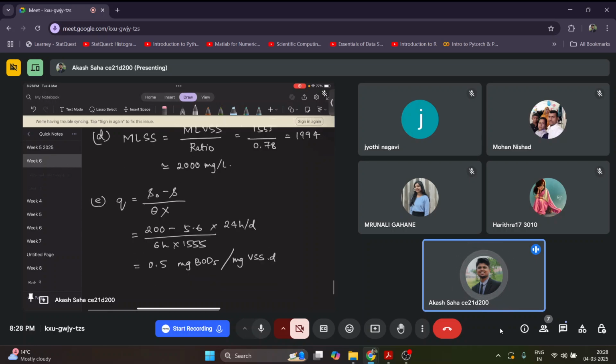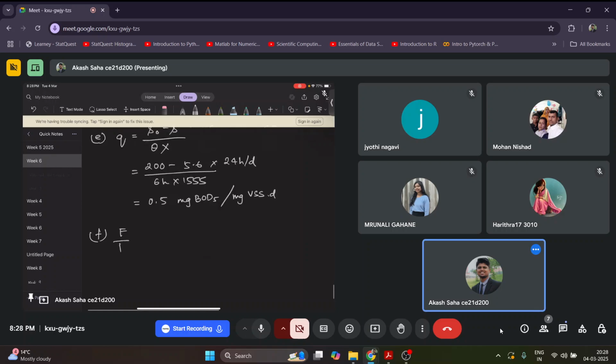And the last one is F by M ratio. So this is nothing but S naught by theta X. Okay, so it will be 200 by 6 hours into 1,555, converting days, 24 hours per day. So the final answer will be 0.15 milligram BOD5 per milligram VSS.